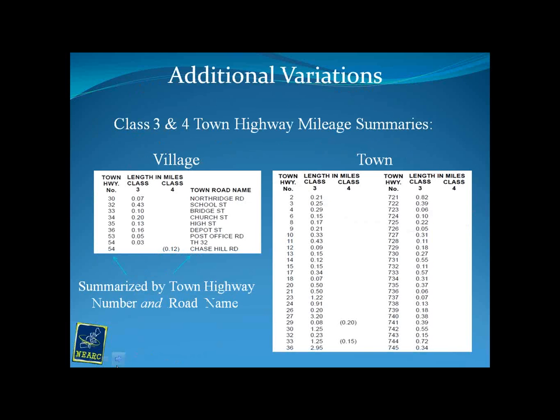And here's an example of the difference in the class 3 and 4 tables based on what we do for a village and what we do for a town. And that was one of the customizations we were able to make after this was delivered to us by Jeff Barrett.